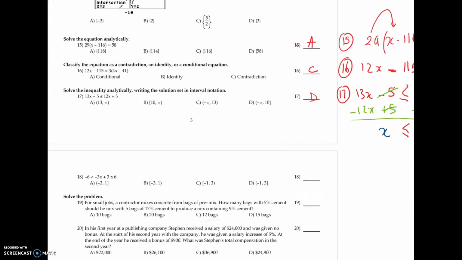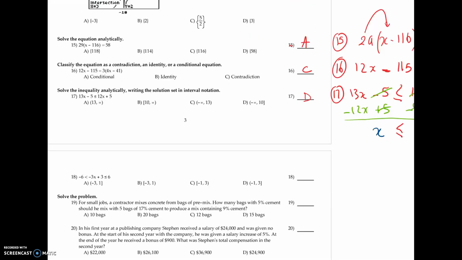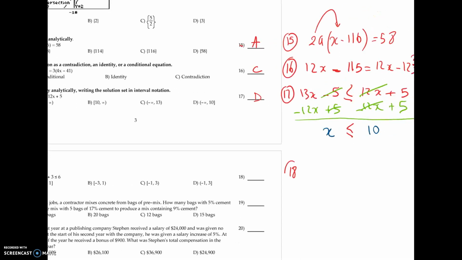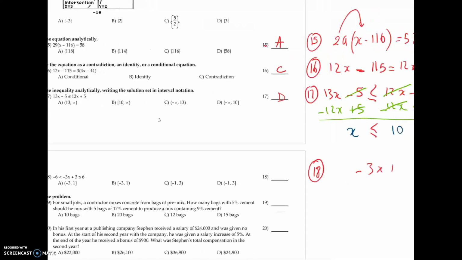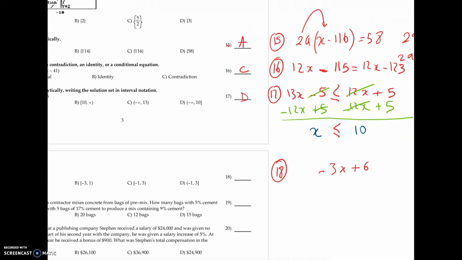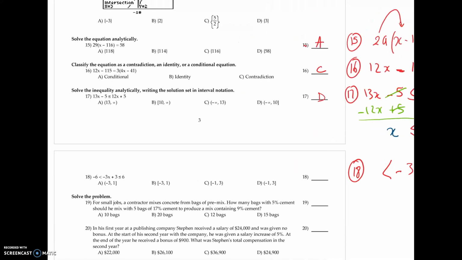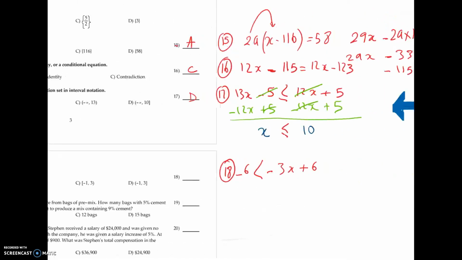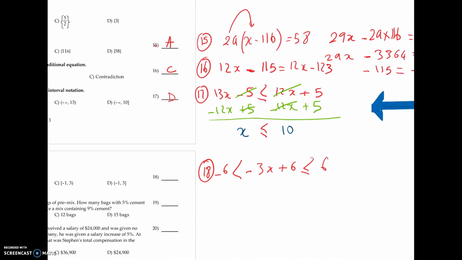Problem number 18. On problem number 18, we got negative 3x plus 6 in between negative 6 and less than or equal to 6.